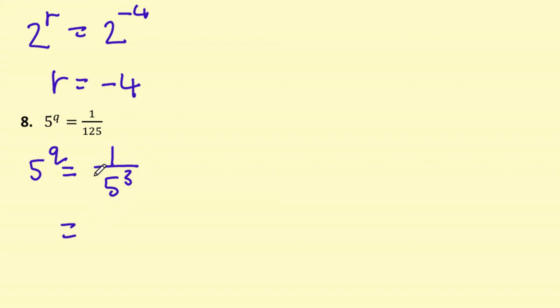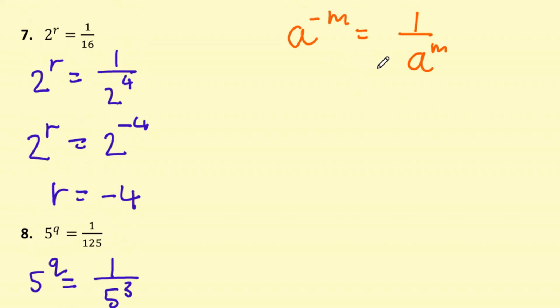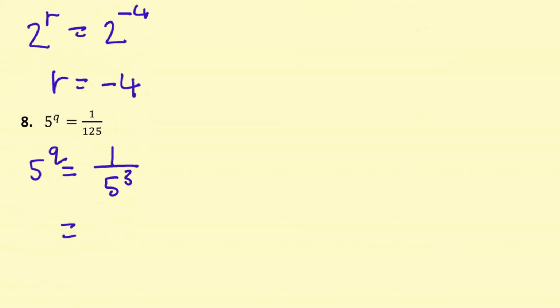So we can rewrite the right-hand side here by using this exponential law. So 1 over 5 cubed is 5 to the negative 3. Now the bases are the same, and that means the powers must be equal. So q must equal negative 3.